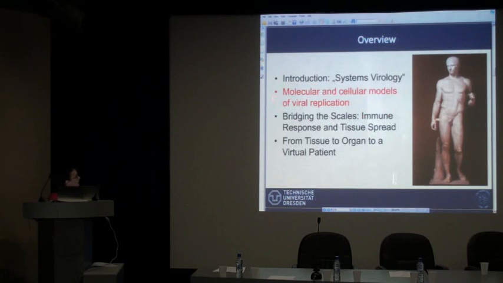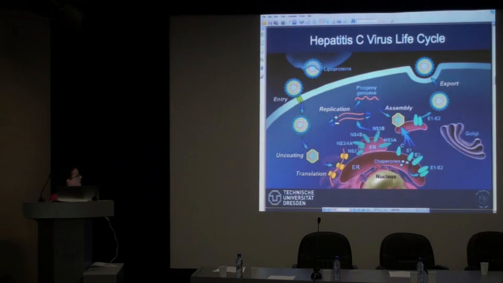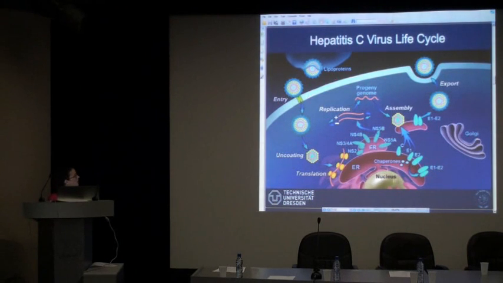So coming to the next step, molecular and cellular models of the viral replication. Here you can see the life cycle of hepatitis C. The virus particle enters the cell, then it's uncoated, and then the plus-stranded RNA is translated at the endoplasmic reticulum, using the host machinery.